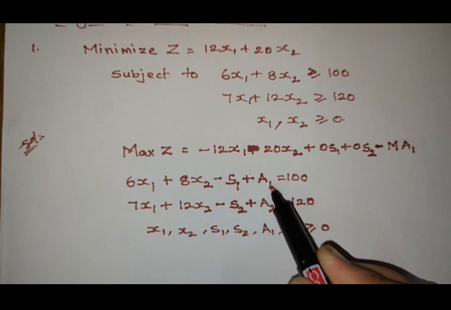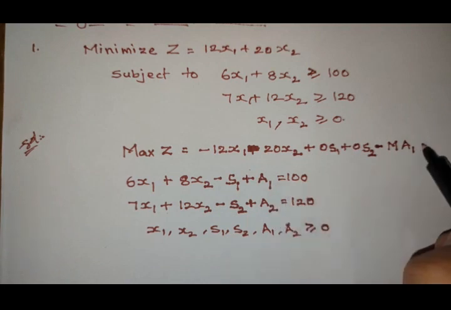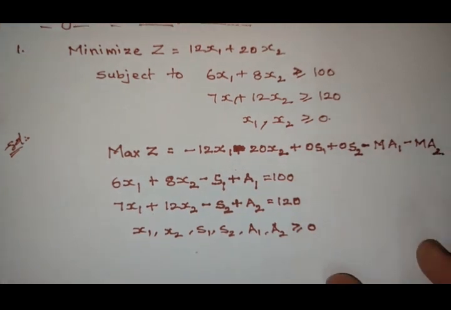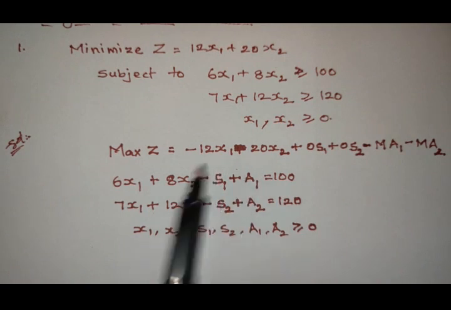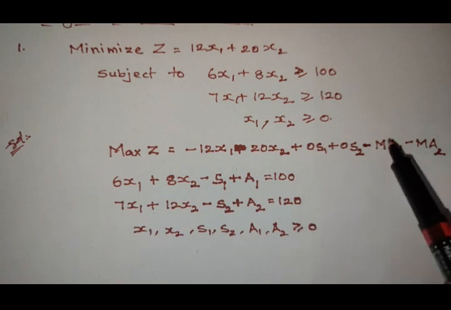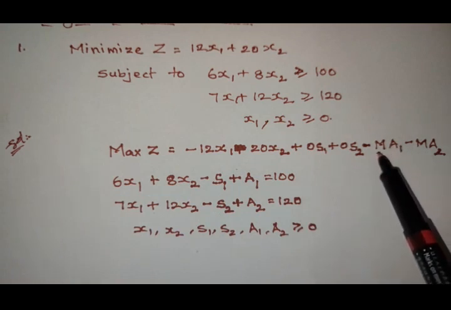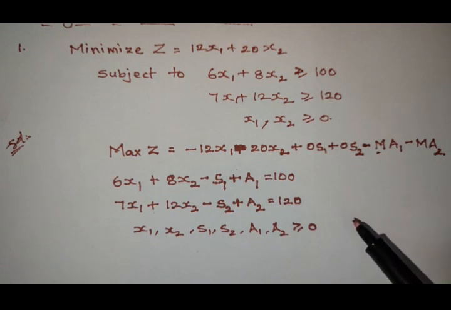How many artificial variables are there? Two, so minus M a1 minus M a2. So this is the objective function. This is the only difference between the general simplex method and big M method: here we take a penalty coefficient of M for the artificial variables.